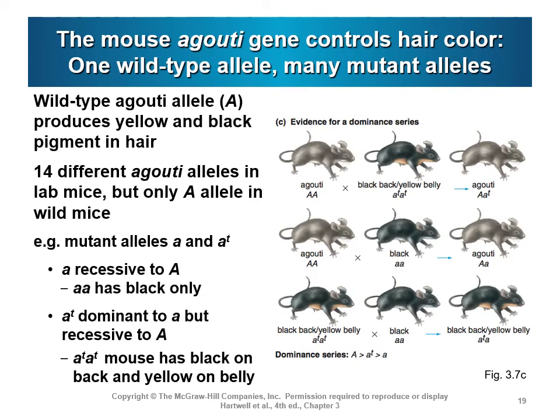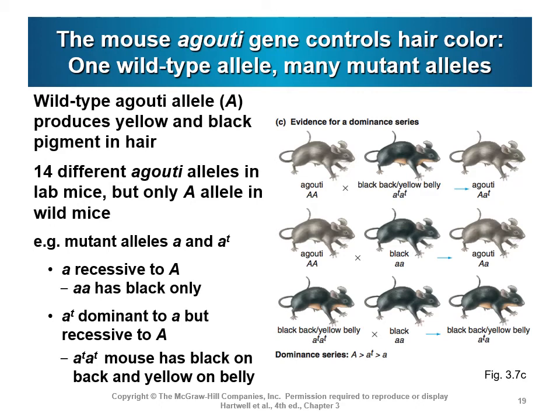As we have already discussed, wild-type agouti allele A produces yellow and black pigment in hair. There are 14 different agouti alleles in lab mice, but only the A allele in wild mice. The allele found in wild animals is known as the wild-type allele. So laboratory mutations could be the following.